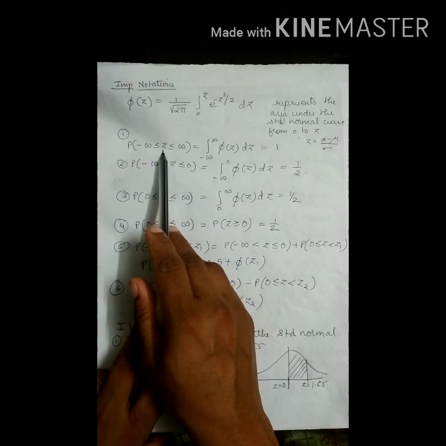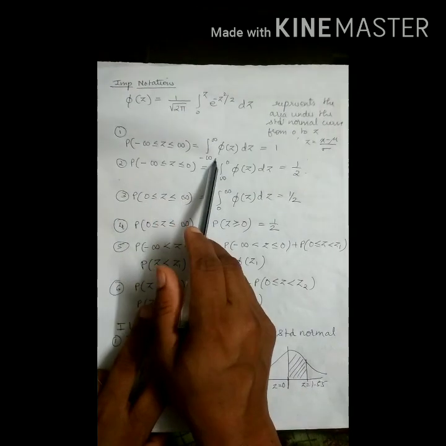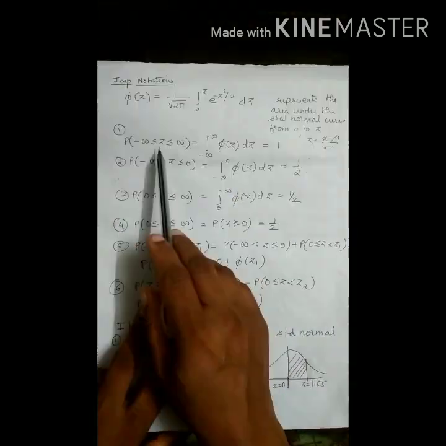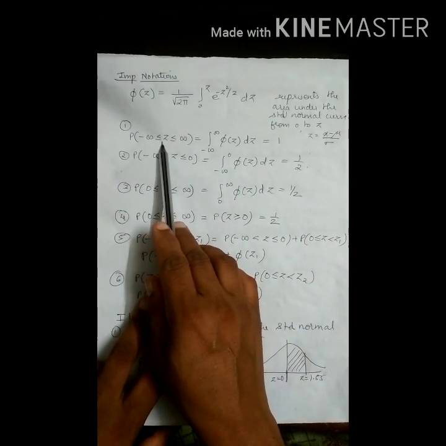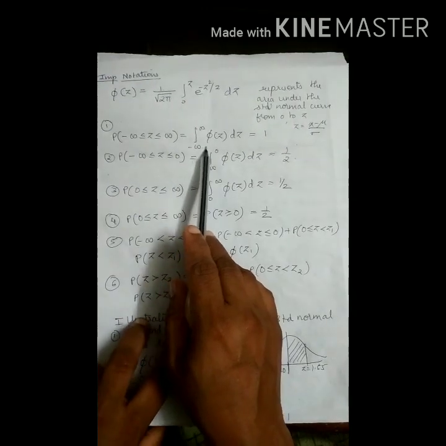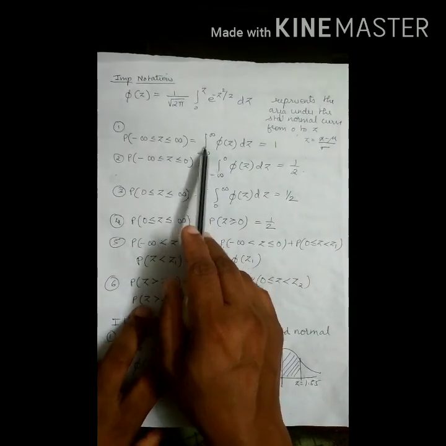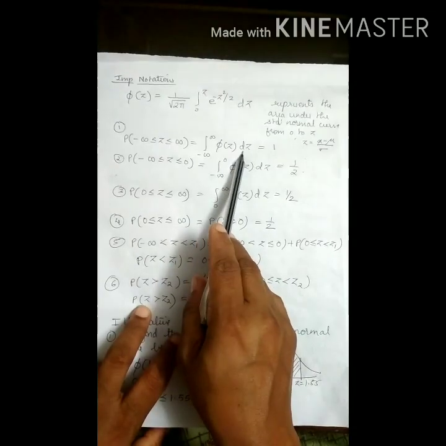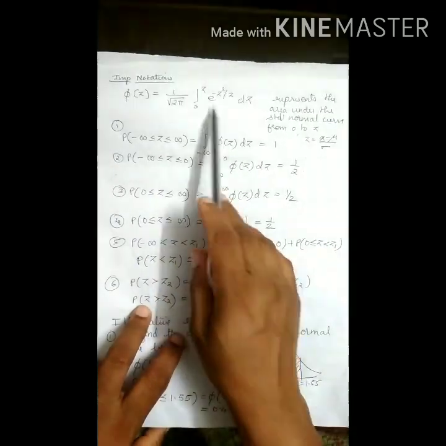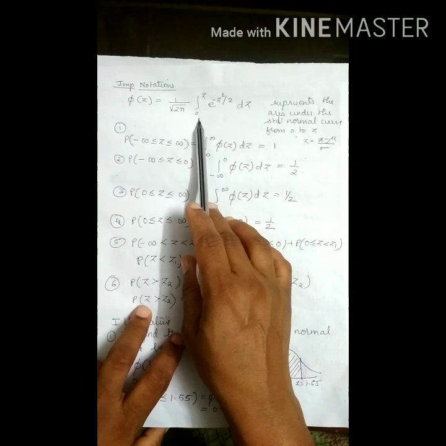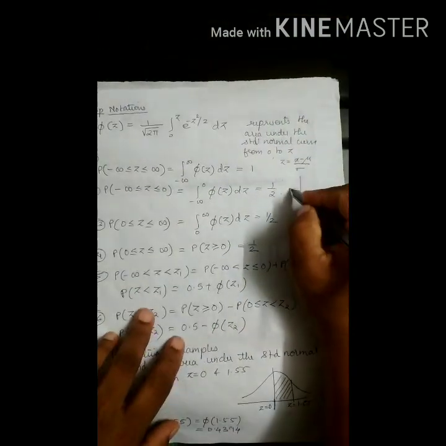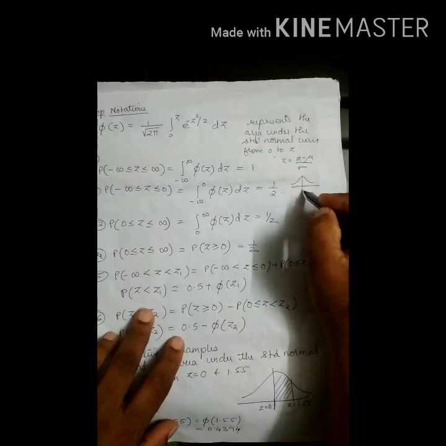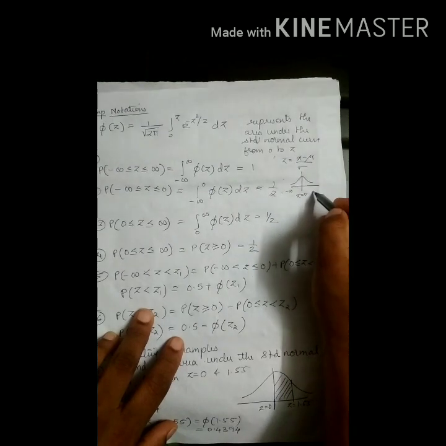If I have to define the probability, as we have already defined for a less than x less than b, as the integral a to b f of x dx, now here this will be in terms of z. So the probability that minus infinity less than or equal to z less than or equal to infinity will be defined as the integral from minus infinity to plus infinity of phi of z dz, which equals 1.